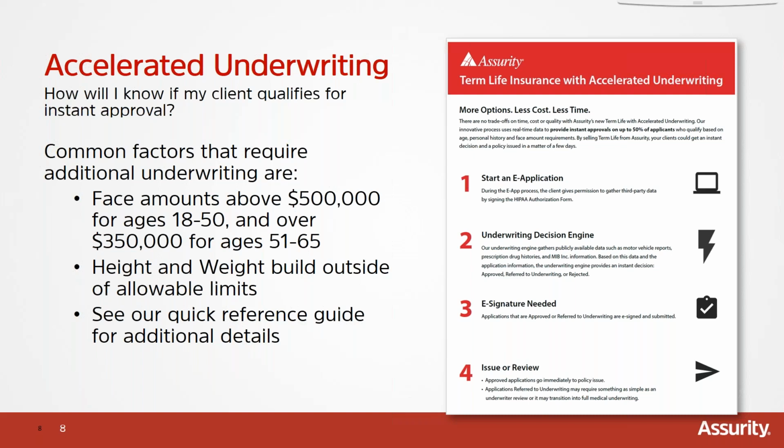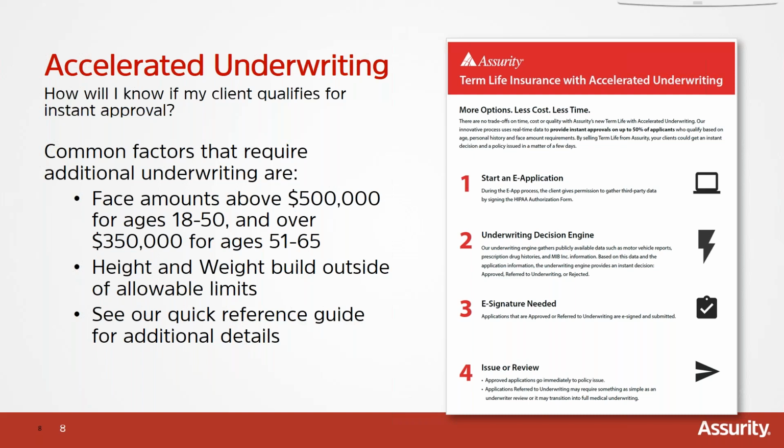That underwriting decision engine is going to be running in the background while we're collecting all of that data and information. So we're going to be running that MVR, the MIB, prescription drug history, LexisNexis score. And based on all of that data, we're going to let you know via an instant decision at the end of that EApp if it's approved and it's going straight to issue.